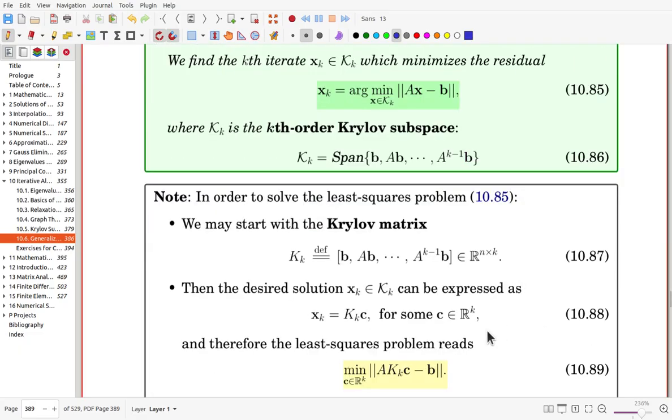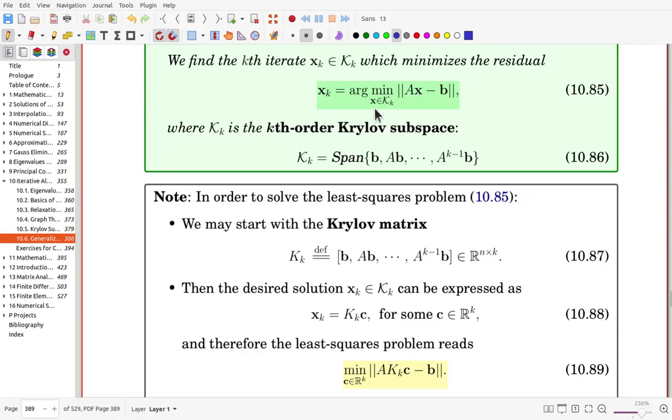Now we consider a matrix called the Krylov matrix, collecting these basis vectors. Of course, it's the kth Krylov matrix.